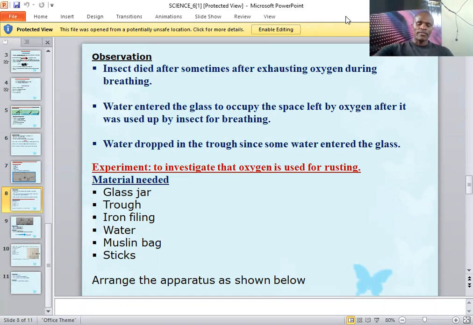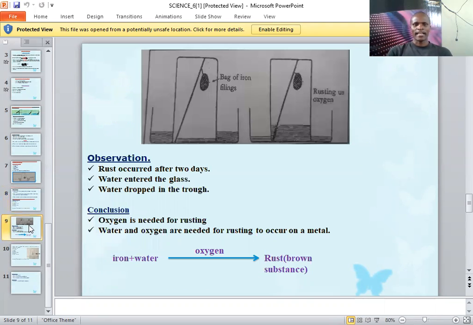After we have gathered all those materials, this is how we are supposed to arrange our apparatus. We are supposed to assemble them as shown here. Now, look at that diagram. This is how we are going to arrange our materials together in a basin of water. We are going to use the stick to hold that bag.